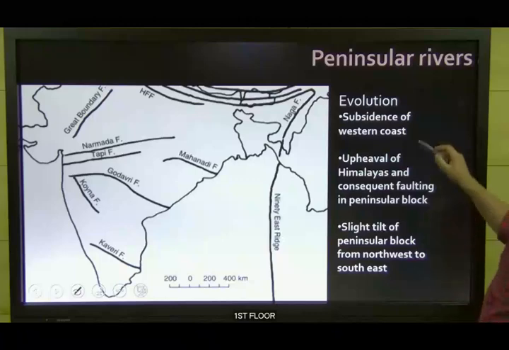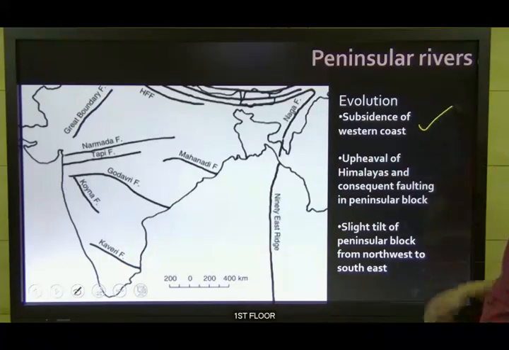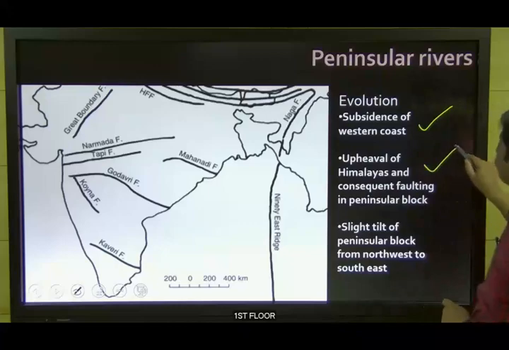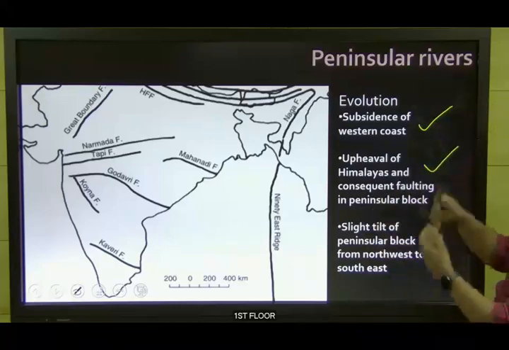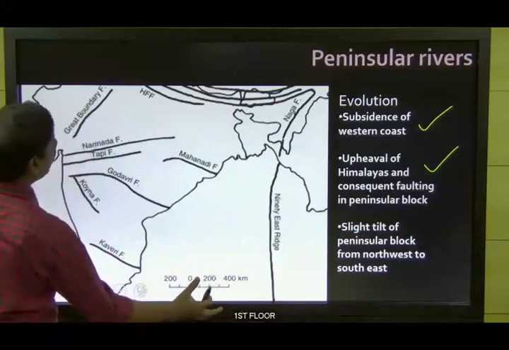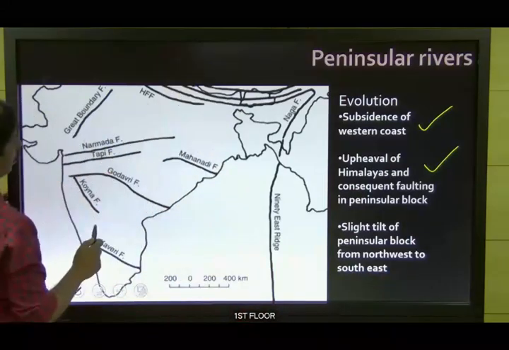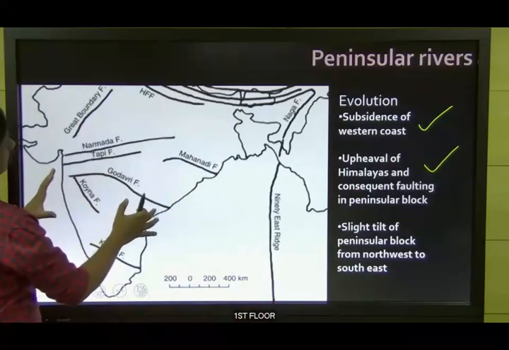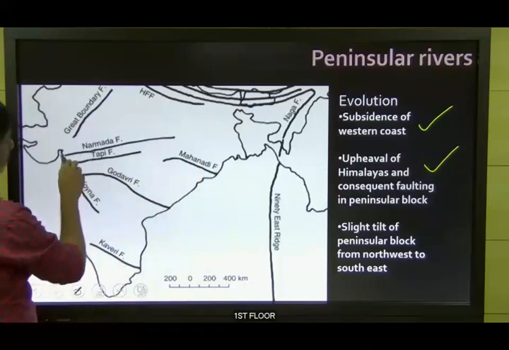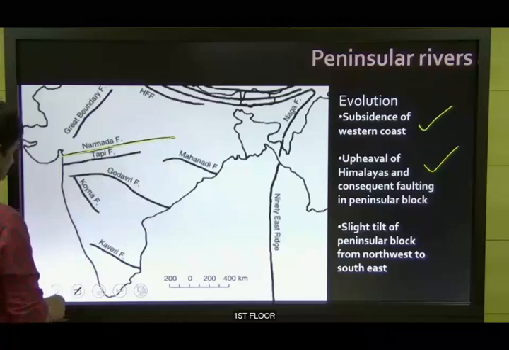So you know that the western coast is a submerging or subsidence coast. Okay, and then the upheaval of Himalayas. Himalayas raised, and because of this, since the entire plate went and crashed with the Eurasian plate, this belt, the entire plate also underwent severe faulting. These are the fault zones.